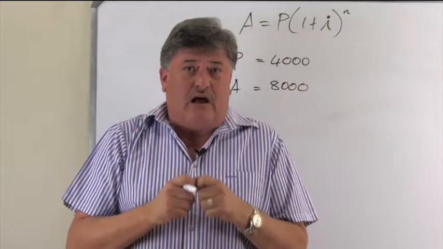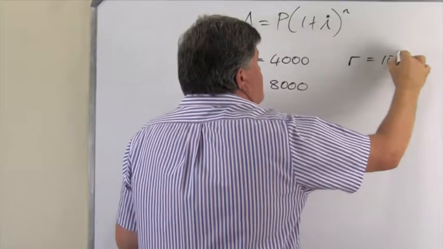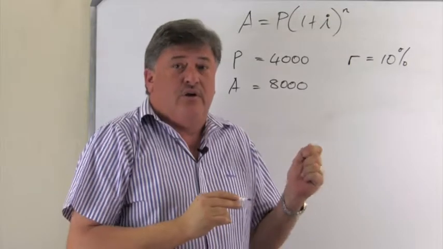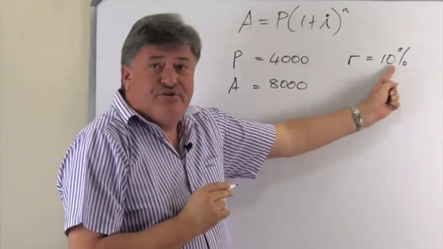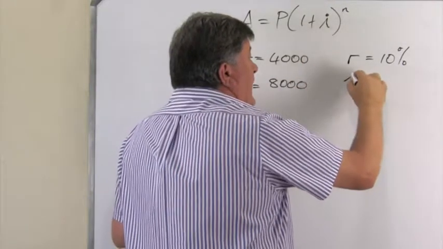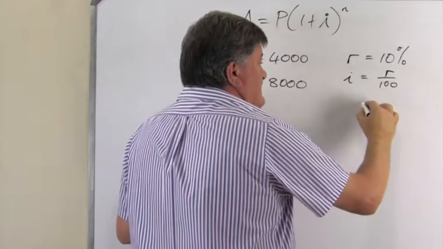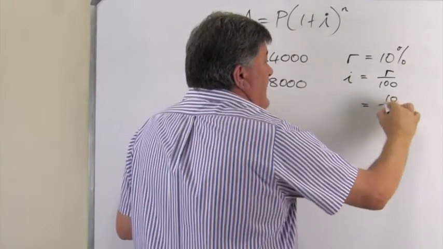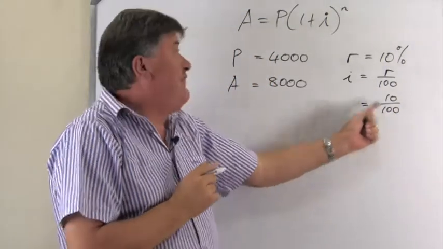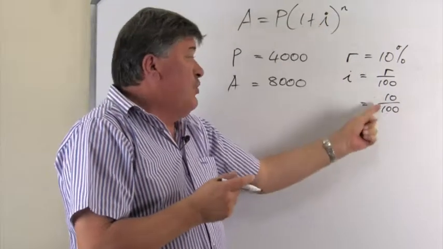The interest rate R, and you must please take notice that R is given to us as 10%. That is an interest rate. That is a percentage. You are not allowed to substitute a percentage into your formula. We need to find I, and I, please remember, is R over 100. So that will be 10 divided by 100. Now, you are quite welcome to put the fraction in there when you calculate it, or you can work it out.